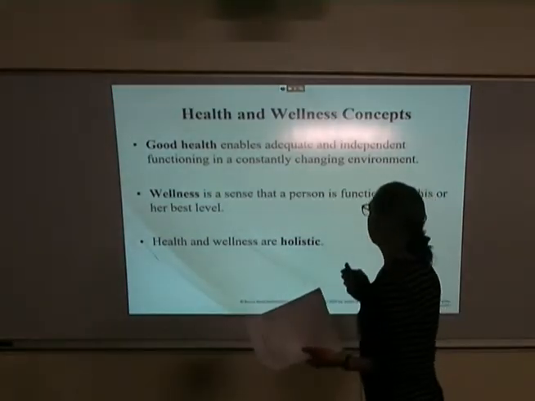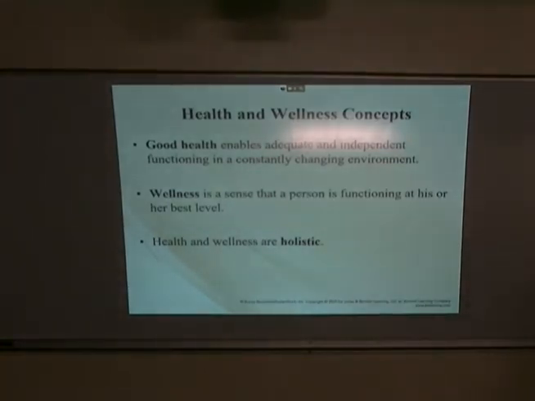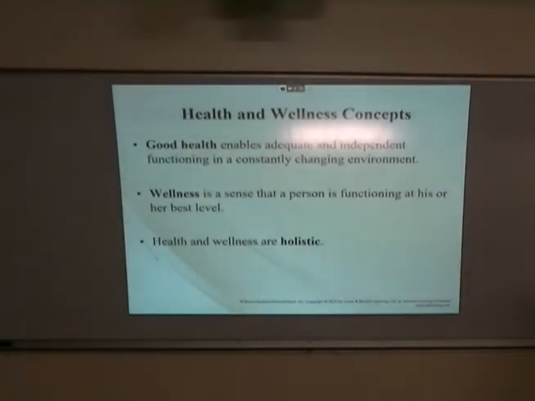If you look at figure 1.2 in your book, which is right at the beginning of this chapter, it's on page 6, they have an interesting continuum there looking at health and well-being. So on one end of the continuum, we have optimal well-being, optimal wellness.